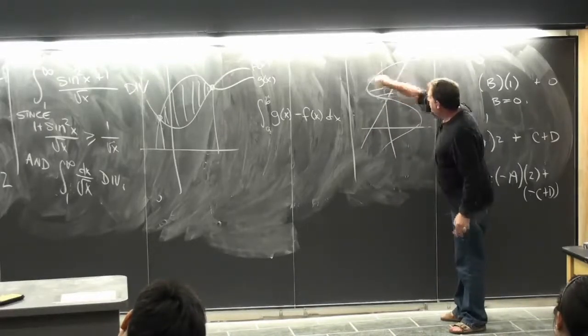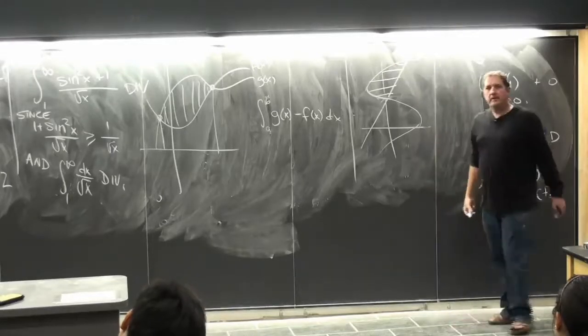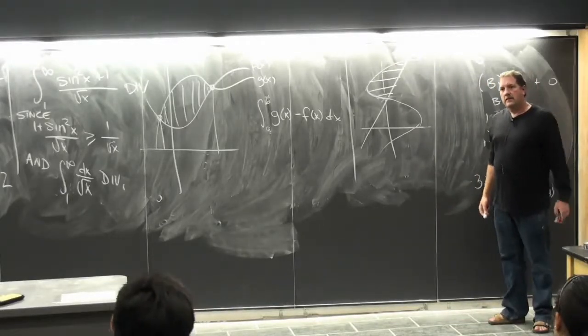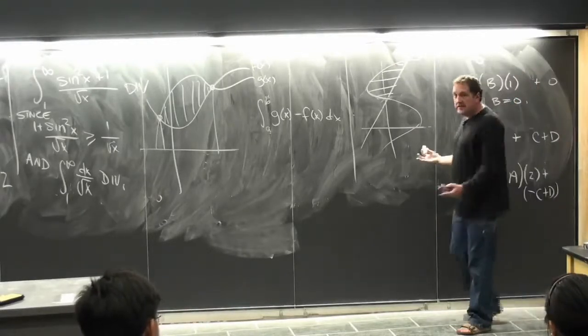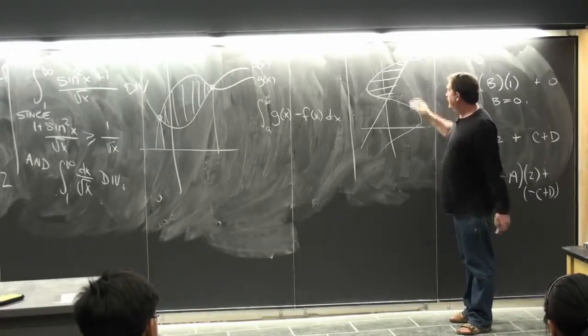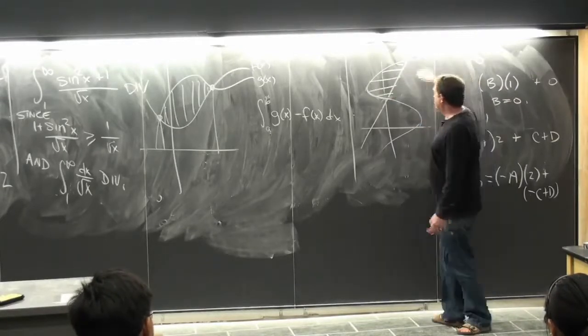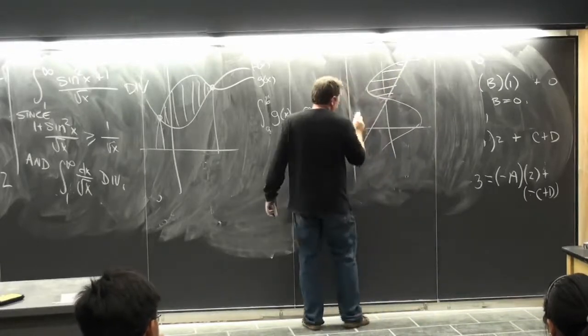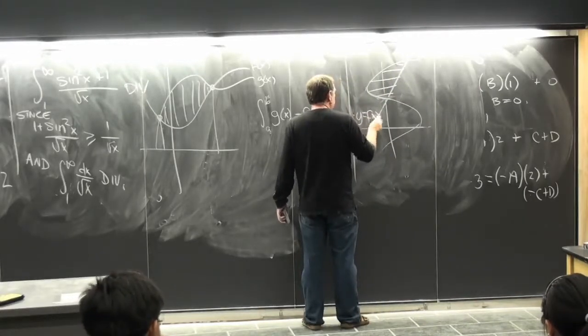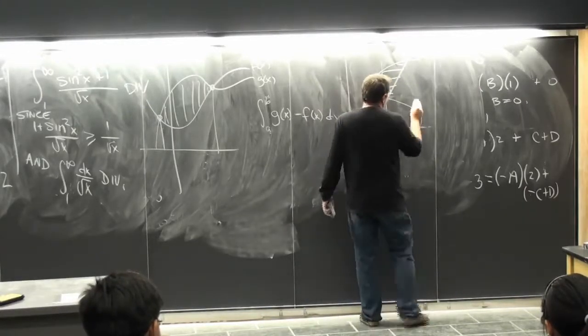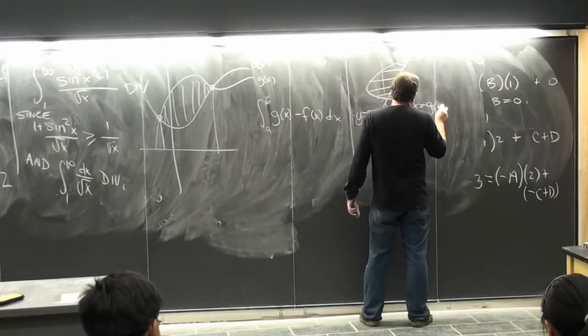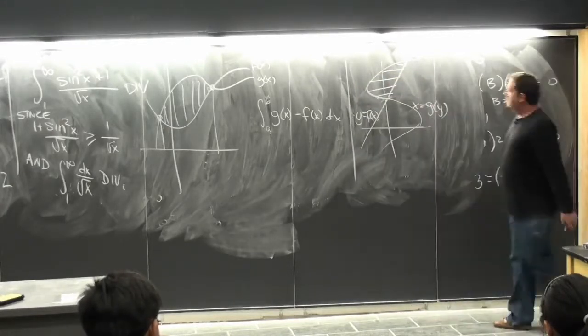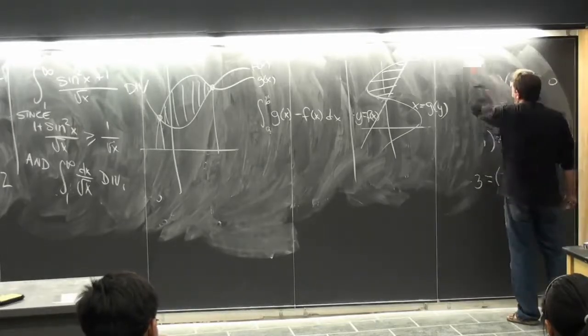Then I might want to integrate dy. It's the same, I just take this minus this. Say this is y equals f of x, and this has to be x equals g of y, because it's not a function.